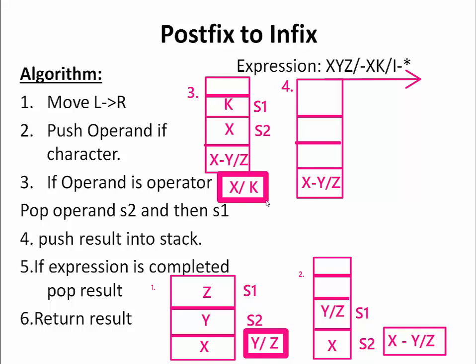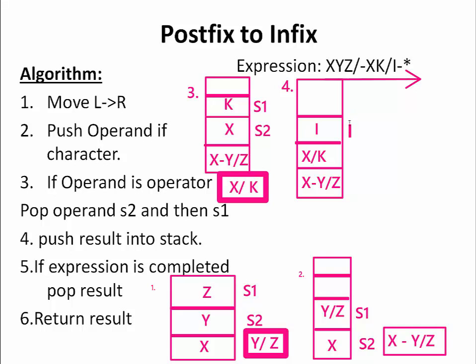X divided by K. So here we type X divided by K. Now the next operand we have got is I, which will be inserted at the top of the stack. Now we go for the next step, which is minus.